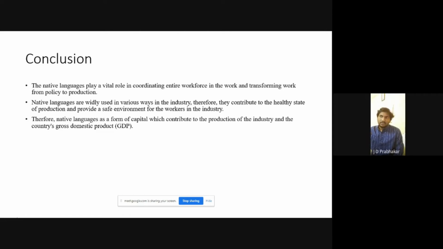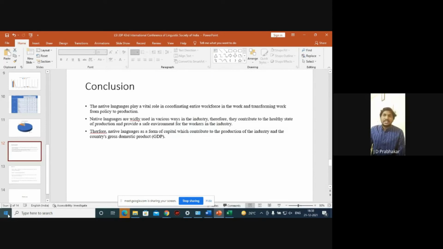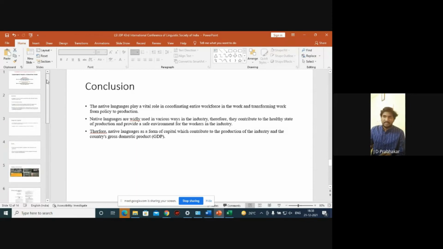So if I take that industry as a whole and languages being used over there, only native languages, more than 90%, are contributing to the Indian GDP. So therefore, I suppose that Indian languages contribute more to the Indian GDP. So our languages are very essential to be used in the new economic domain. So this is my reflection on this topic.